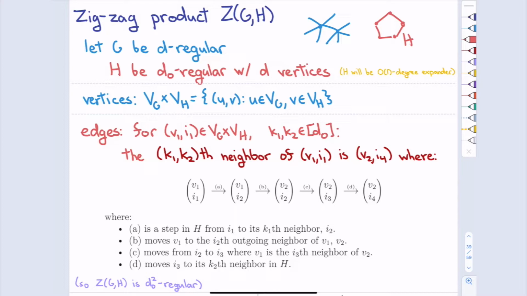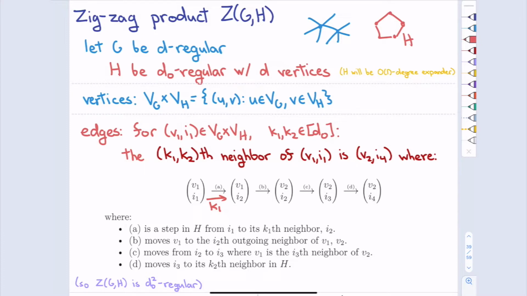Okay. Here's what we're going to do. Okay, so we start at V1, I1. Okay. And based on K1, I'm going to go to I2. Okay. So I2 is going to be the K1th neighbor of I1. Okay.